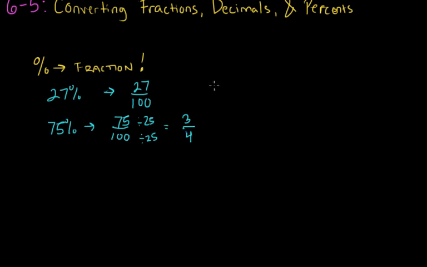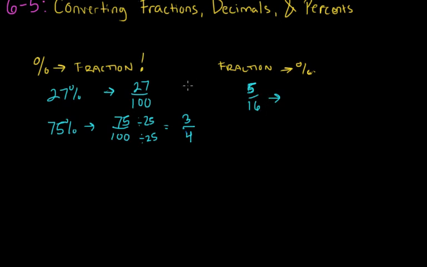So how would I do a fraction as a percent? Let's go the other direction. So fraction to a percent. Okay, well, let's say I have something like 5 over 16. What I really want to do is get this denominator to be 100, because if it's 100, then the numerator is the percent.